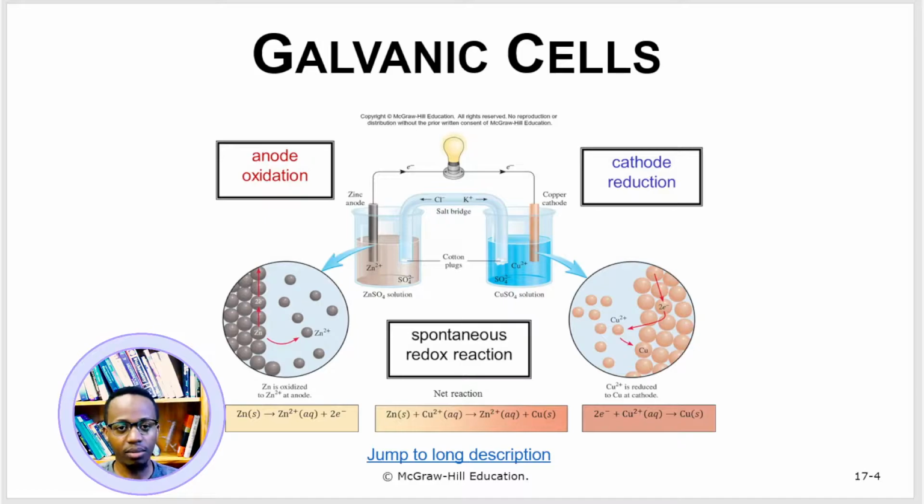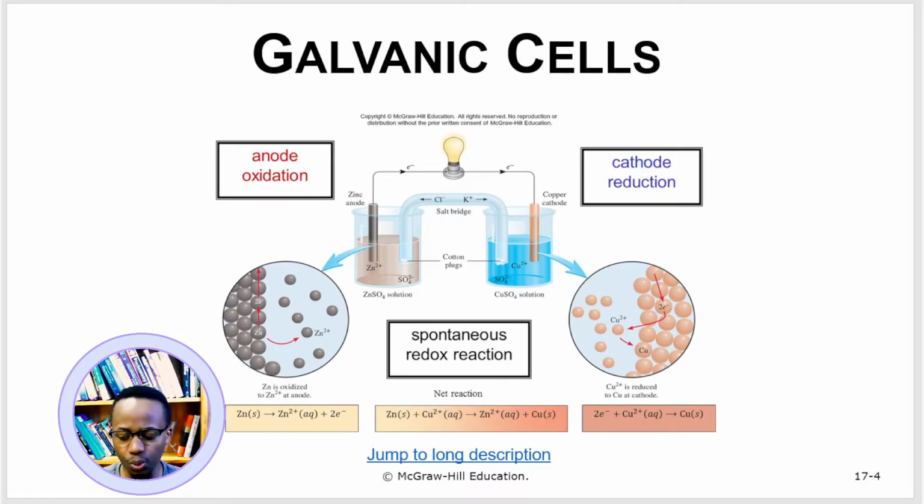As we said, in a redox reaction one compound loses electrons and the other one gains electrons. So we have a movement of electrons. And the definition of electricity is the movement of electrons. So why not take advantage of this movement and, in this example, put a light there and it's going to give you electricity, right?